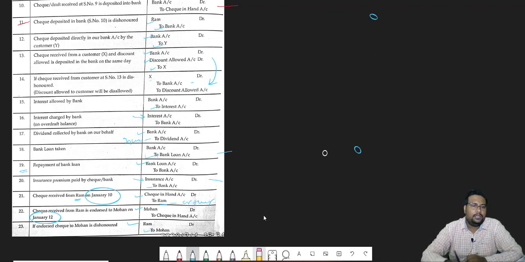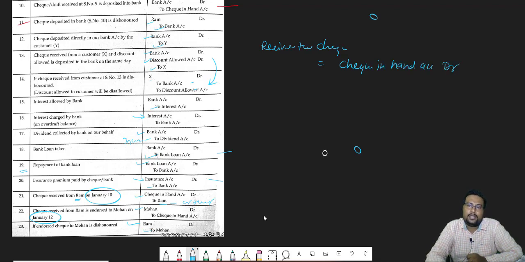So beta, you see here, when you receive the check, what entry you pass? Check in hand account debit to Ram. And when you pass the Ram check to Mohan, endorsed, Mohan is receiving the check now.